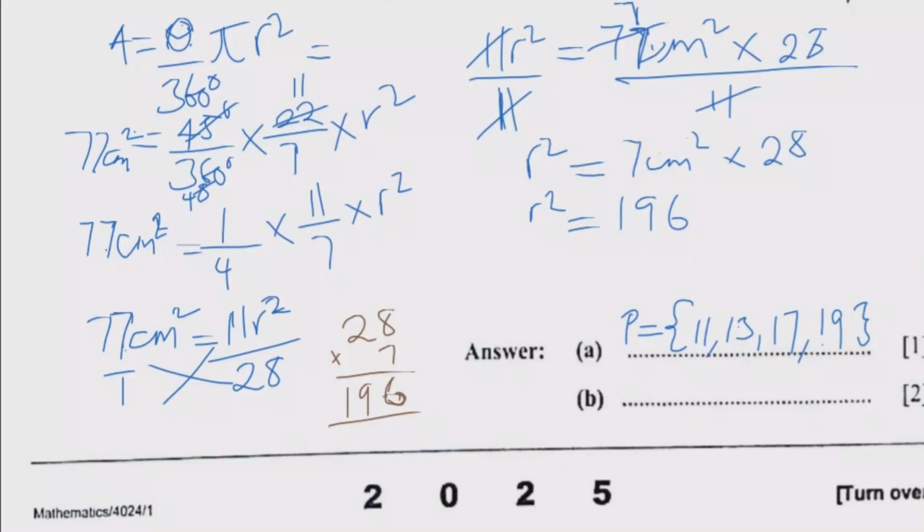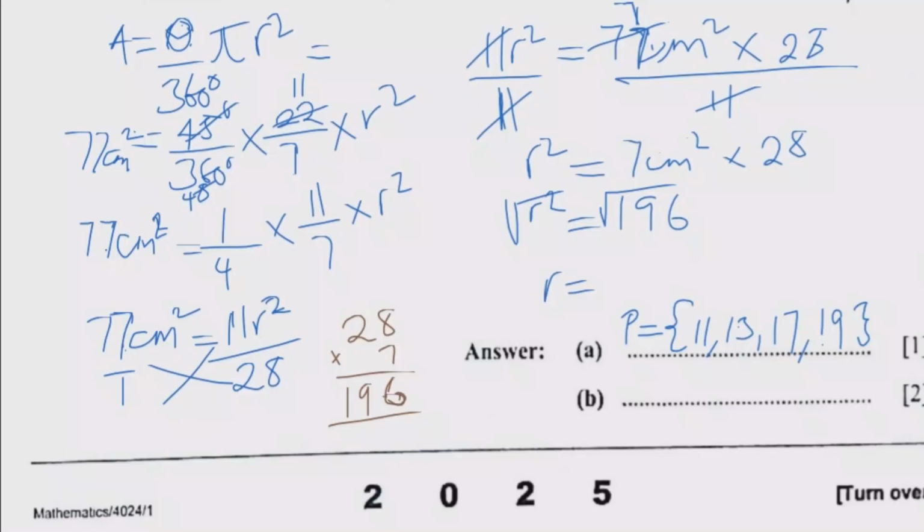Now to find the value of r, the radius, I'm going to take the square root of those two terms. The square root of r squared is r, which is equal to... for the sake of clarity, I'm going to use a different color to write the final answer. So now we have r there.